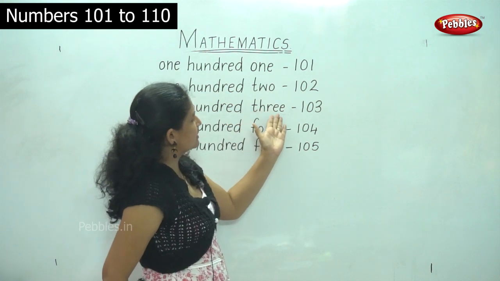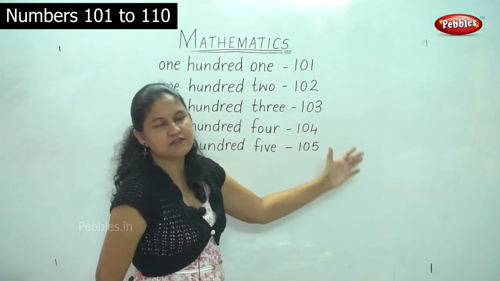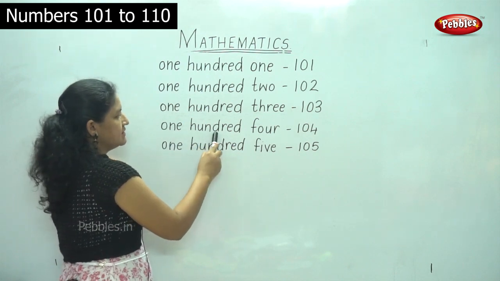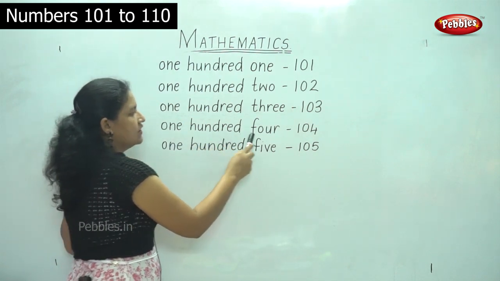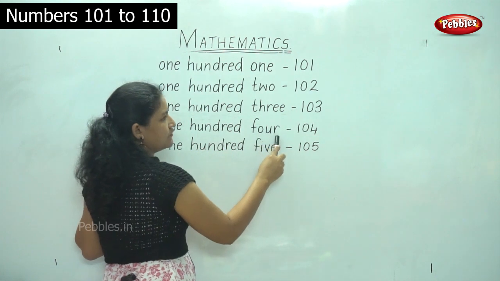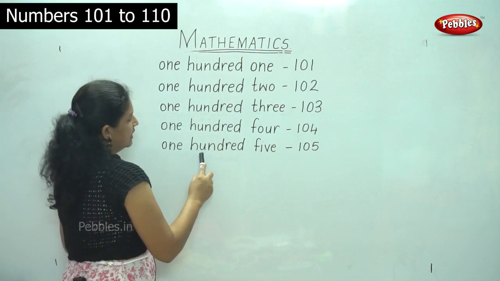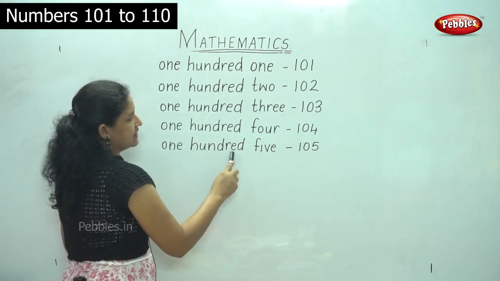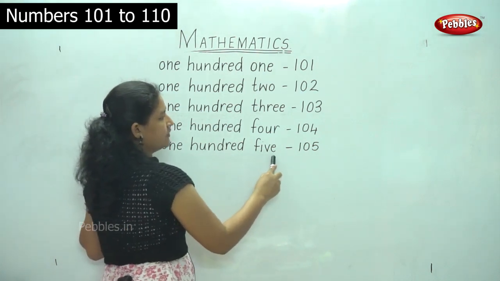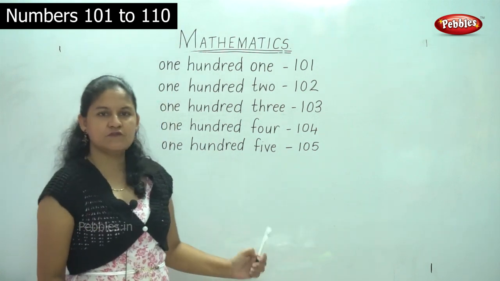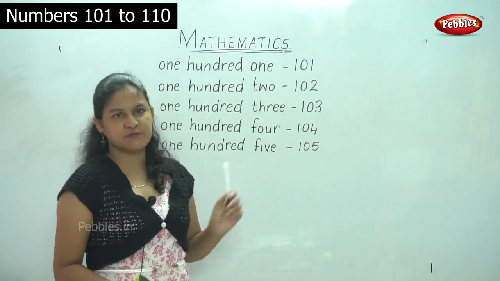T-H-R-E-E, 3, 103. O-N-E, 1, H-U-N-D-R-E-D, 100, 4. F-O-U-R, 4, 104. O-N-E, 1, H-U-N-D-R-E-D, 100, F-I-V-E, 5, 105. So have you listened to what is being taught?